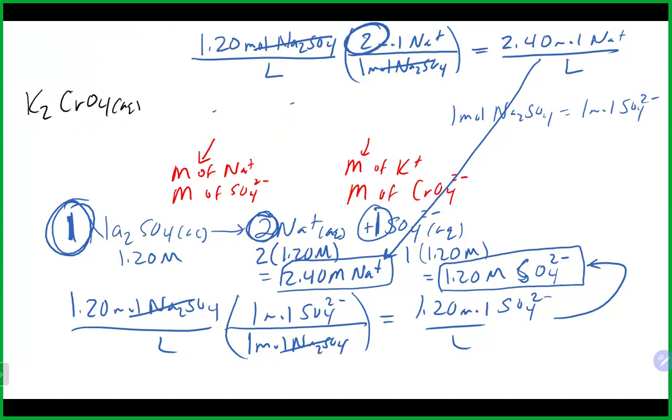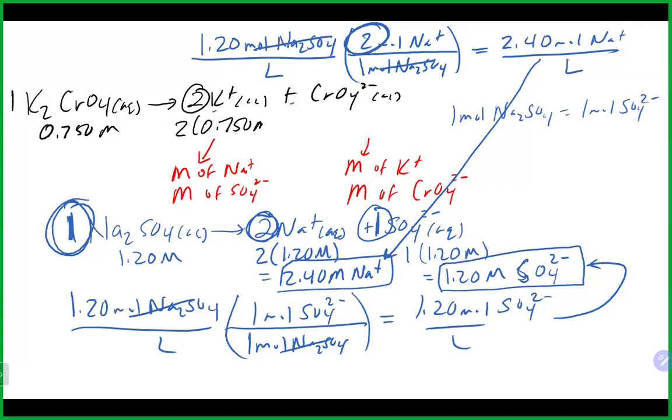And again, when that breaks apart, we get 2 potassium ions in solution and 1 chromate ion floating around in there, and that was 0.75 molar. Once again, it is a 1 to 2 relationship here, so we would take 2 times 0.75 molar, and that will give us our concentration of potassium, which is 1.5 molar.